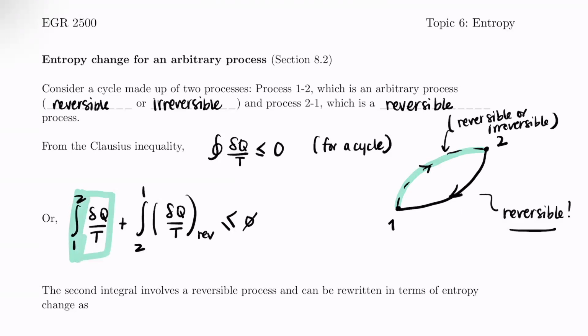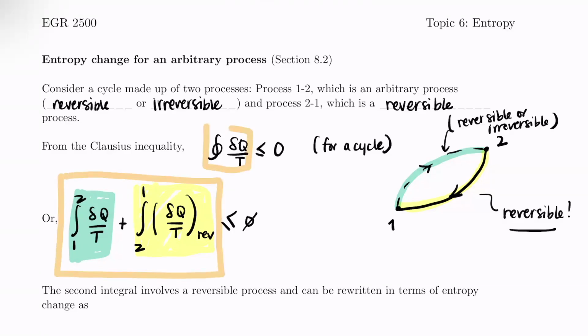That's this guy. And then we also have our process that goes from 2 to 1, which is this guy. Right? And then those two things summed together, this whole sum is the same as this integral. Okay?